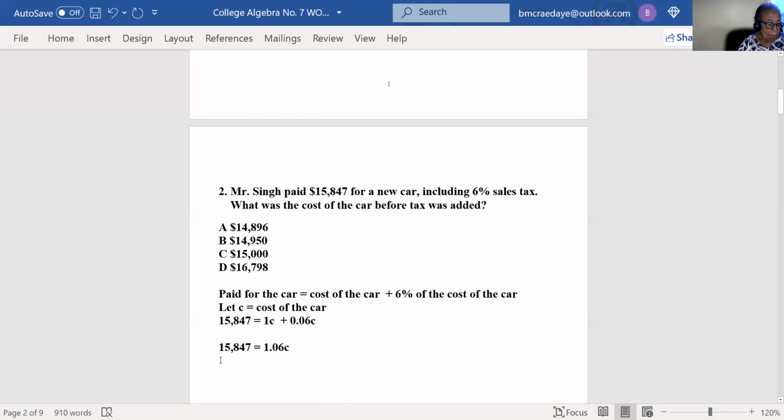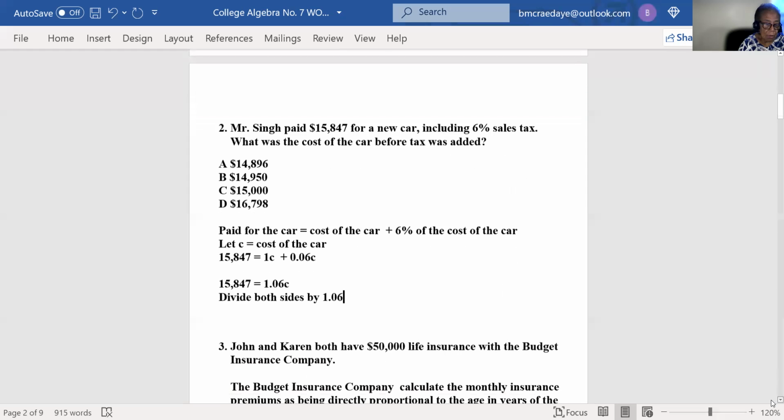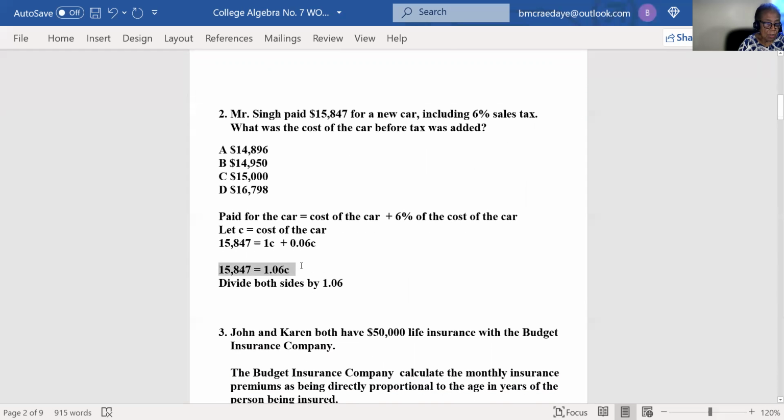Now you divide both sides by 1.06, and that will give us the cost of the car.